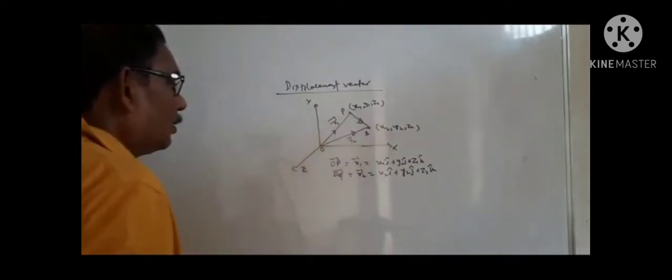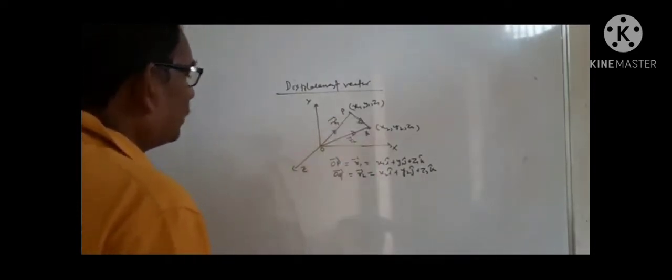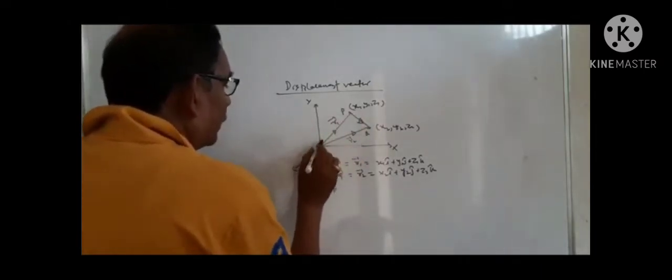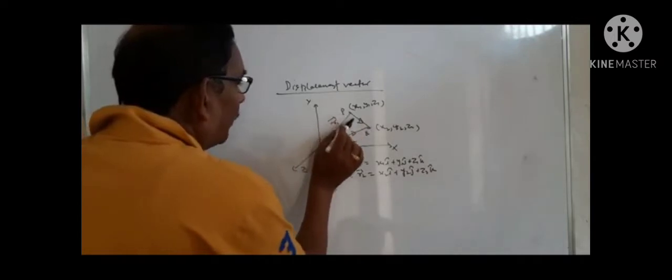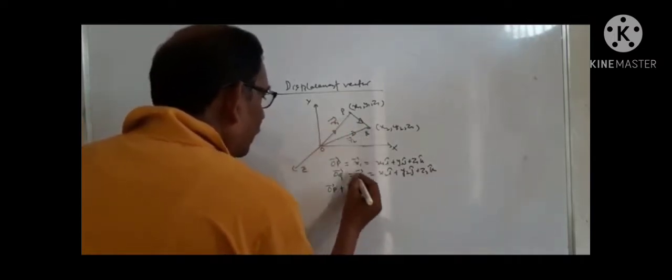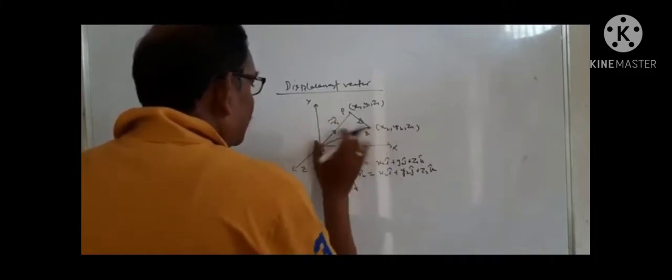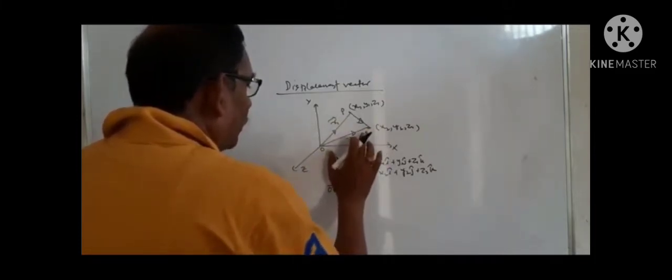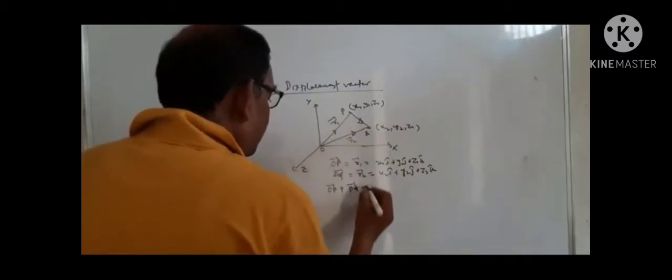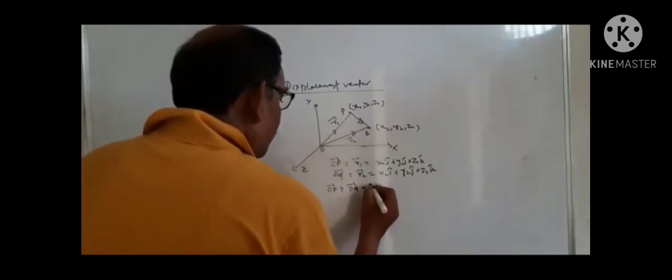So use the law of vector addition. Look here, OP and PQ are in the same direction, but this vector is in the opposite direction. These two are in the same direction. So it is your OQ.